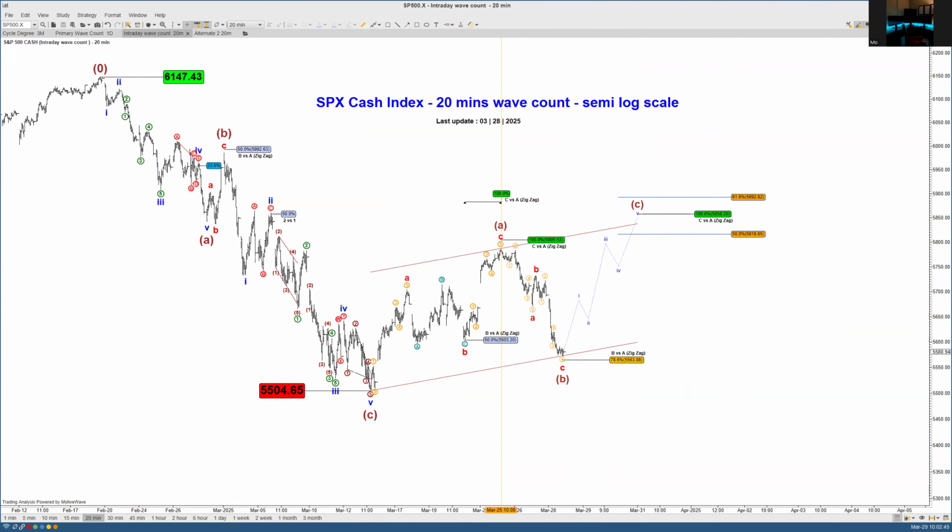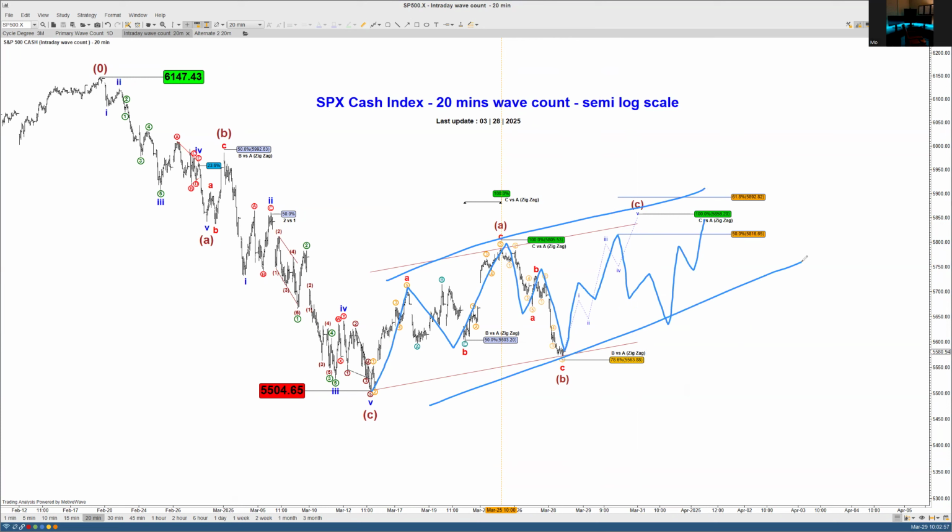But those are very painful to trade. 3 up, 3 down, 3 up, and 3 down, it's called a leading diagonal. It's a five-wave structure, so you get 1, 2, 3, 4, and 5 to complete one.